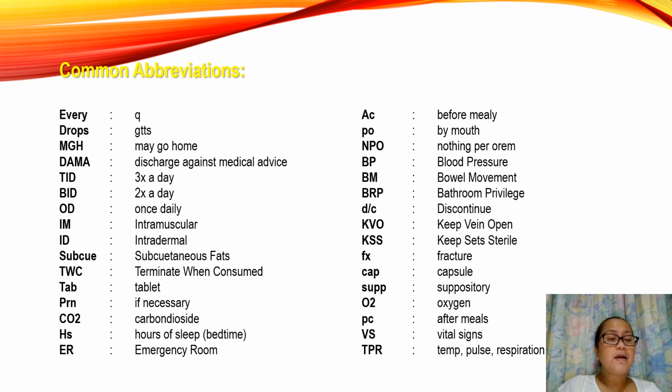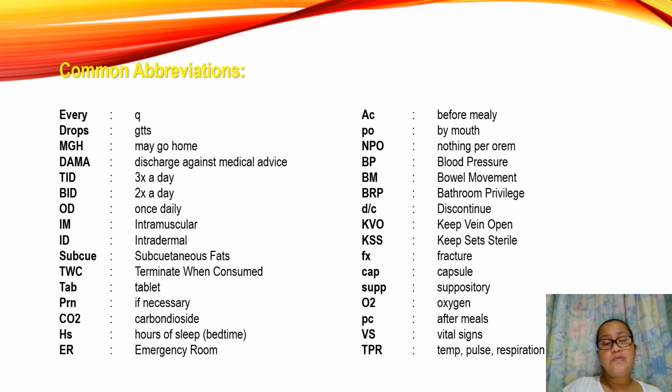HS hours of sleep, ER emergency room, AC before meals, PO means by mouth, NPO means nothing by mouth, BP means blood pressure, BM means bowel movement, BRP means bathroom privilege, DC discontinue, KVO keep vein open, KSS keep set sterile, FX fracture, capsule is cap, SOP is suppository, O2 is oxygen, PC after meals, VS vital signs, TPR temperature, pulse, respiration.